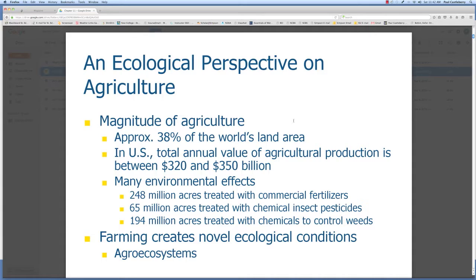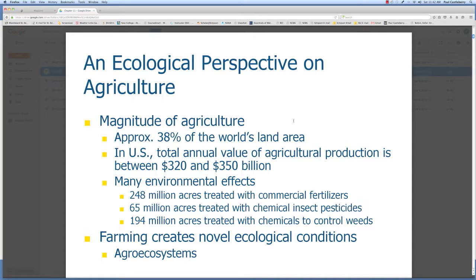You see some of the statistics there in terms of the magnitude of agriculture. Approximately 38% of the Earth's land area is used. Now that excludes Antarctica. We're not considering Antarctica. Cropland in Europe accounts for about 22% of land area, and we'll see that in figure 11.5 a little bit later.